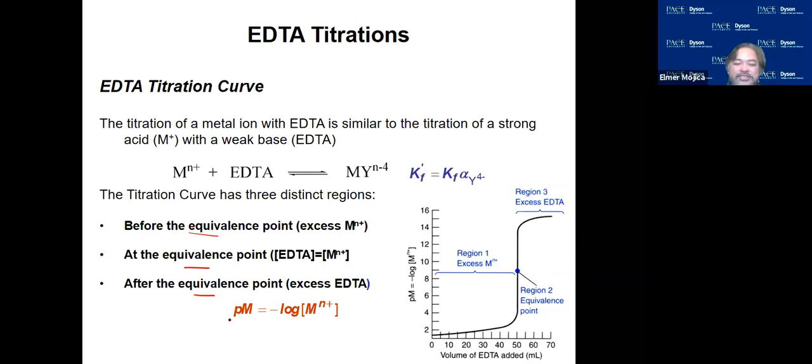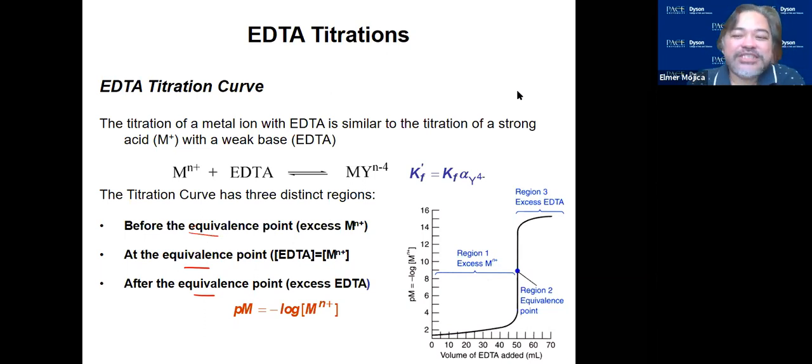Before the equivalence point, the metal is in excess. After the equivalence point, the EDTA is the one in excess. At the equivalence point, the EDTA is equal to the metal. Now the question, does it make sense that after the equivalence point, you have a large excess of EDTA? The answer is yes.